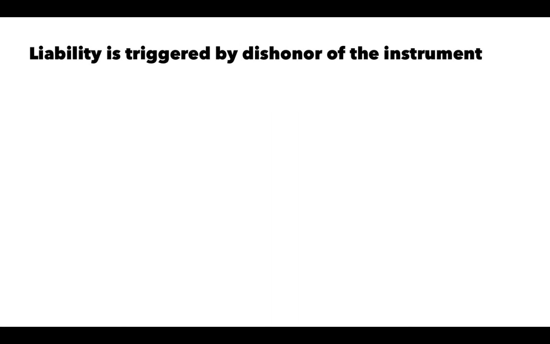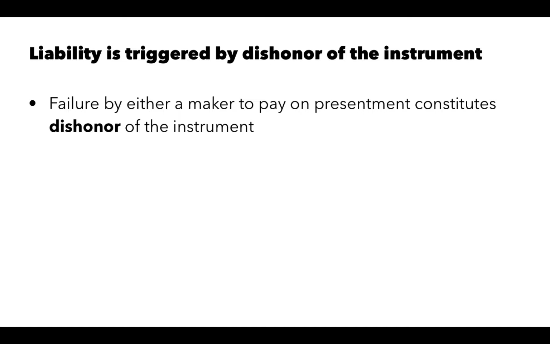Secondary liability is triggered by dishonor of the instrument. So failure by either a maker to pay on presentment constitutes a dishonor of the instrument. I should say failure by either maker or acceptor to pay on presentment.